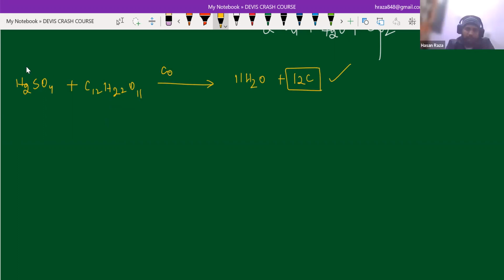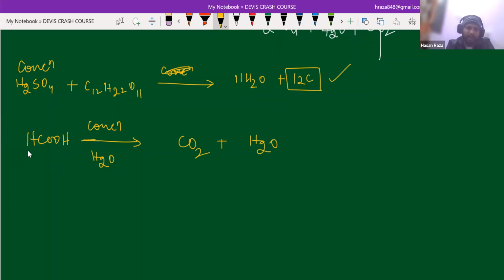If you use concentrated H2SO4 on formic acid or methanoic acid, then H2O will be eliminated, and only CO will be left, right? So this is how we deal with this.